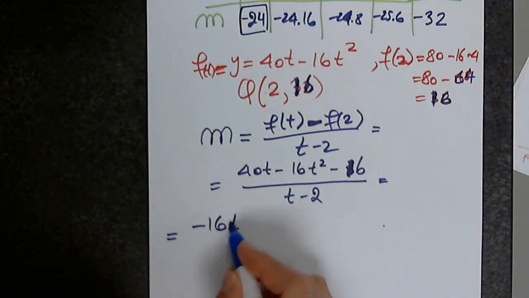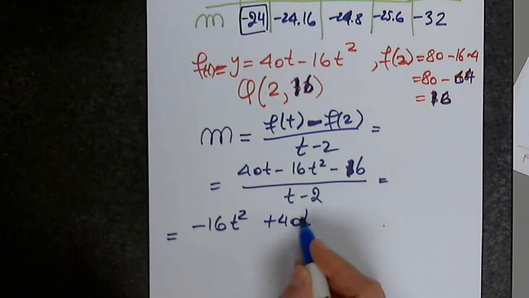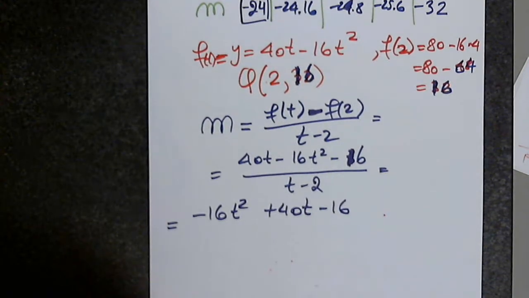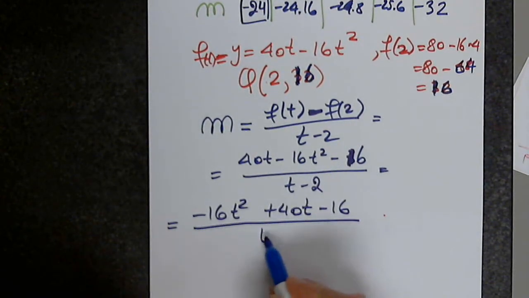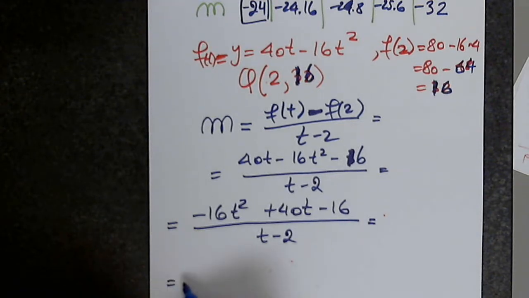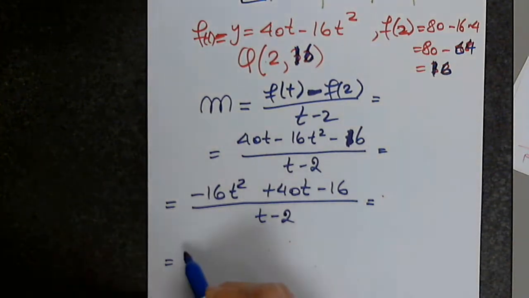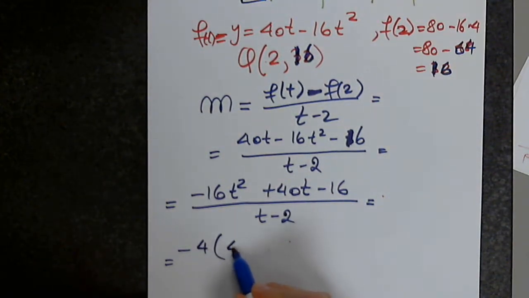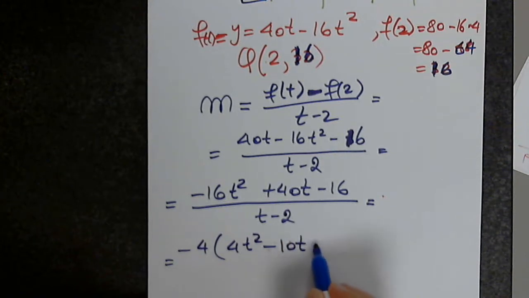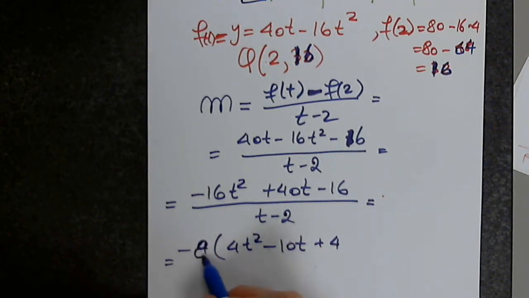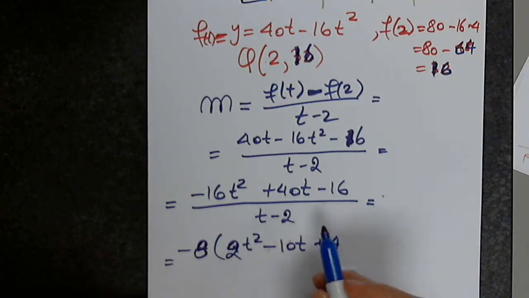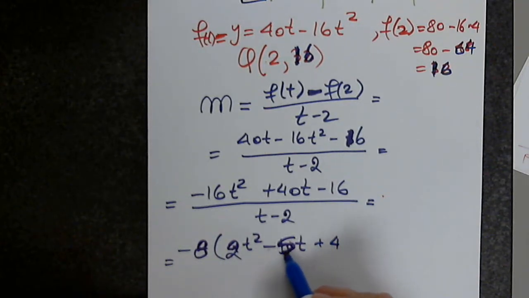And then I will have to do this. Then you will say, what? You will say, oh, you can factor out -4. And I will do this. Oh, actually, even -8. That's even better.